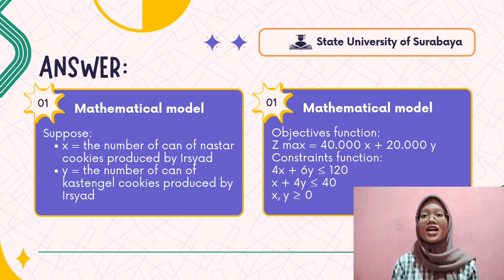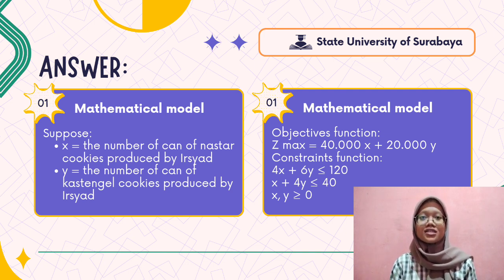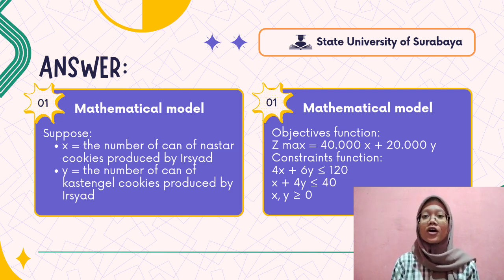The objective function is Z max equals 40,000 X plus 20,000 Y. And the constraint functions are 4X plus 6Y less than or equal to 120 and X plus 4Y less than or equal to 40, with X, Y more than or equal to 0.